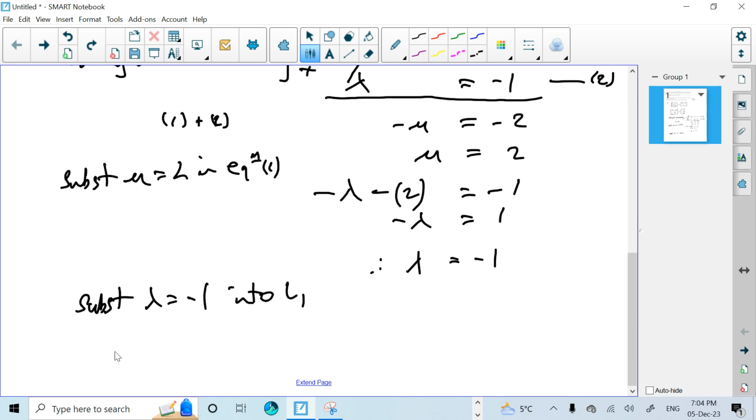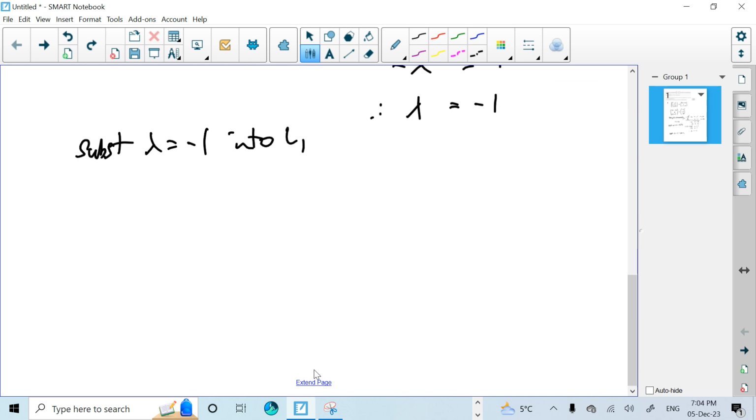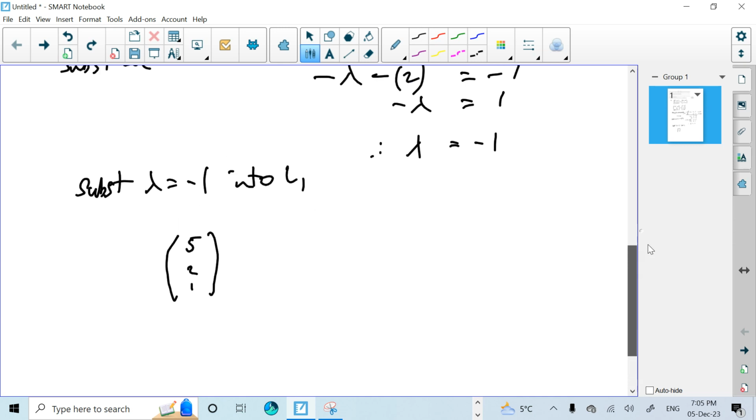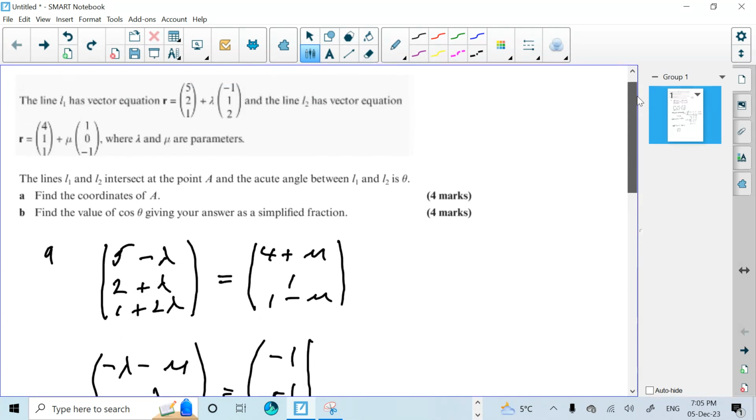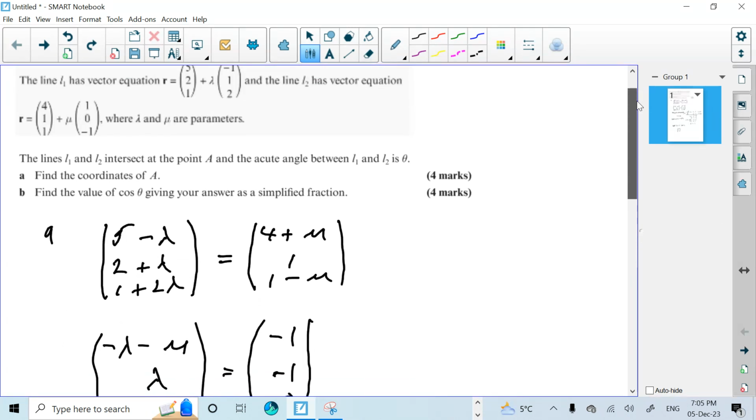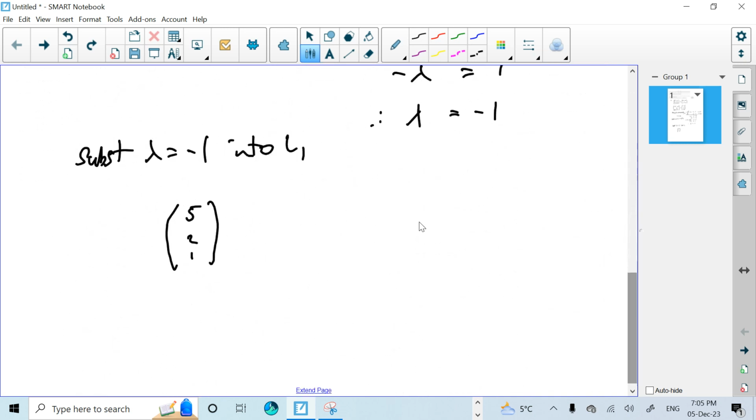Remember, r is equal to A plus lambda B. So we've got 5, 2, and 1, and we've got minus 1 times minus 1, 1, and 2. So we've got to subtract this: minus 1, 1, and 2.